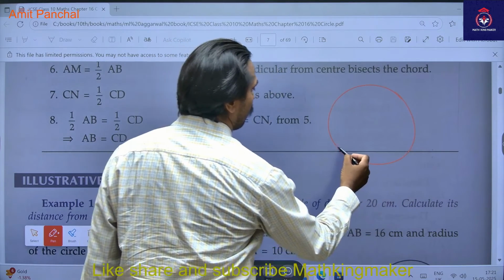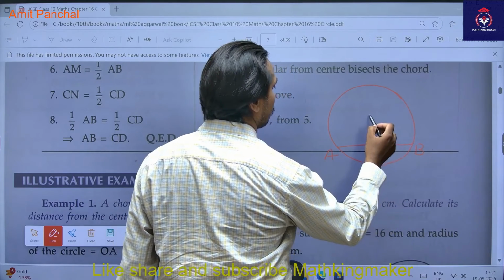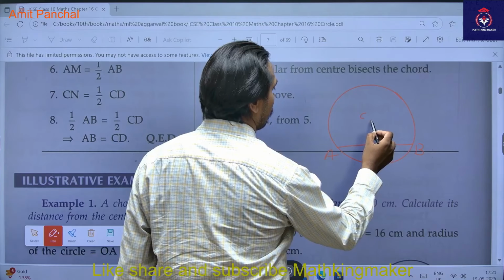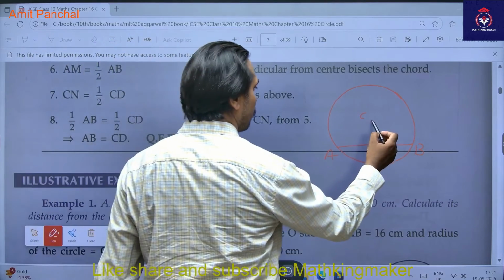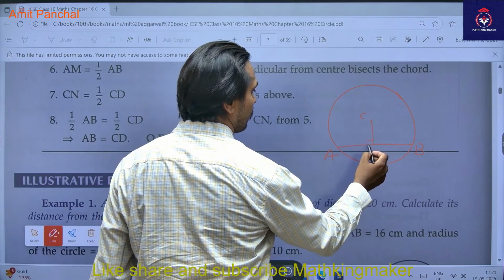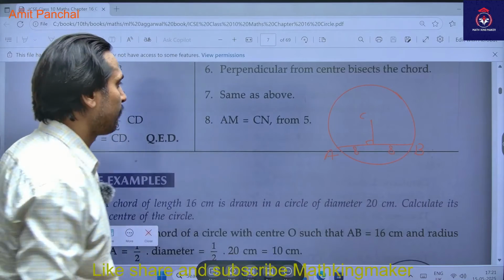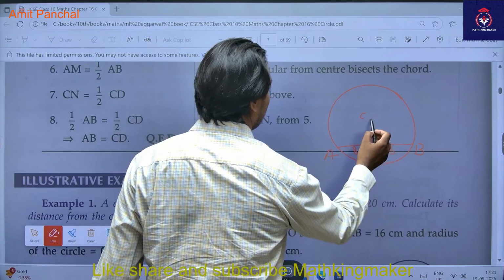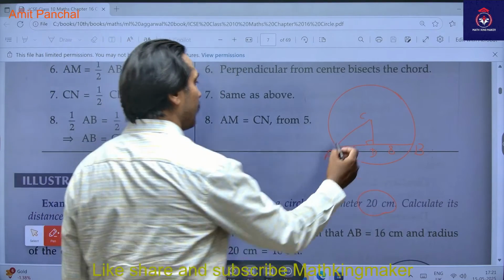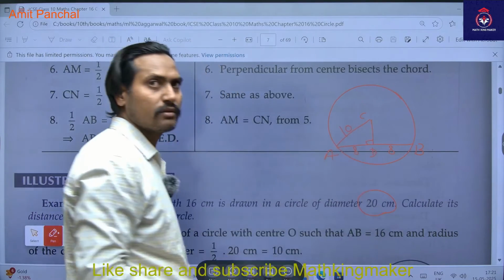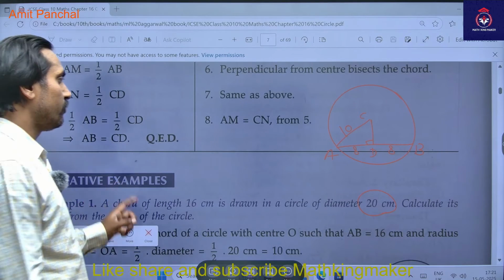Okay, you have a chord AB, you have a center C, and what is given? A chord of length 16 centimeters. Just draw a perpendicular. So if this chord is 16 centimeters, that will be 8, that will be 8, isn't it? The diameter is 20 centimeters, so radius is given as 10. Now you have to find the distance CD.